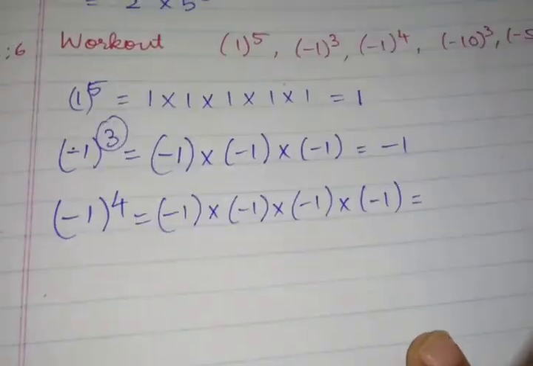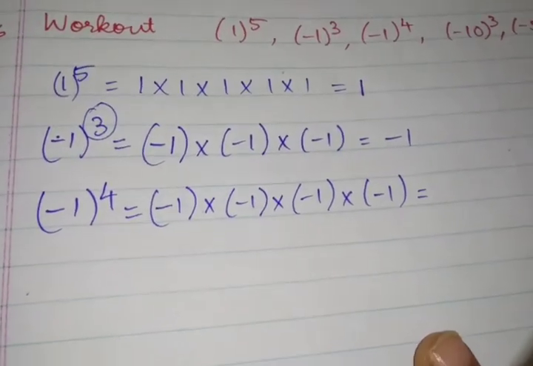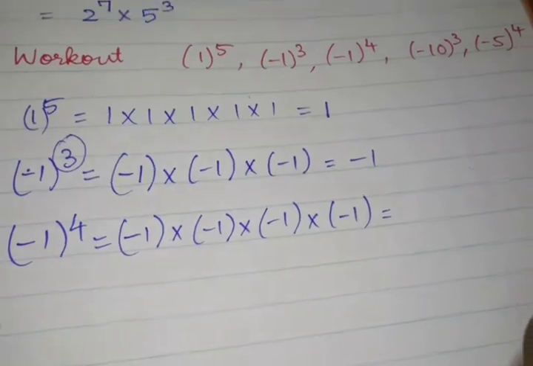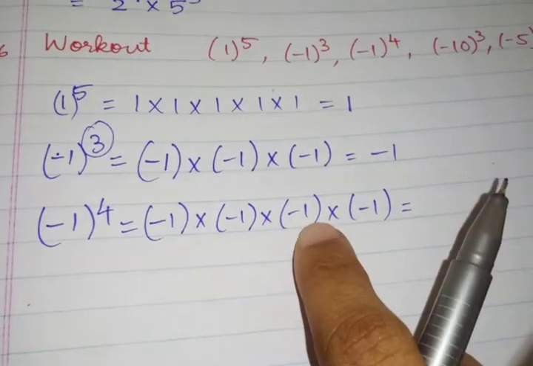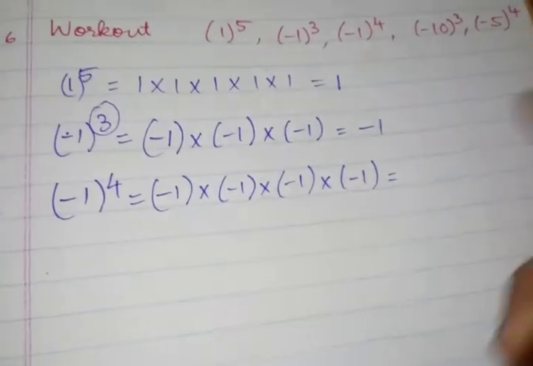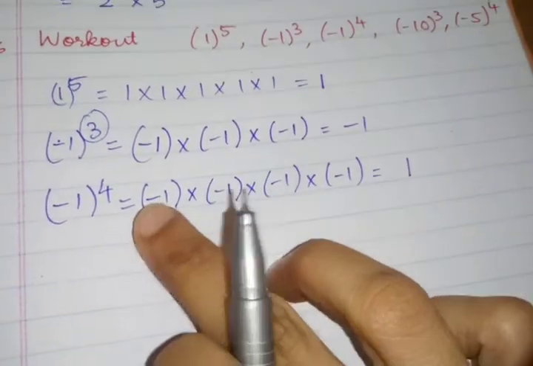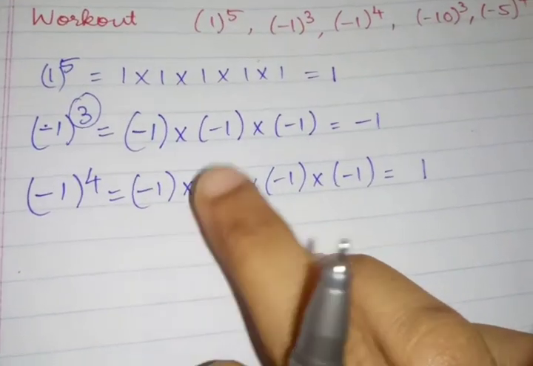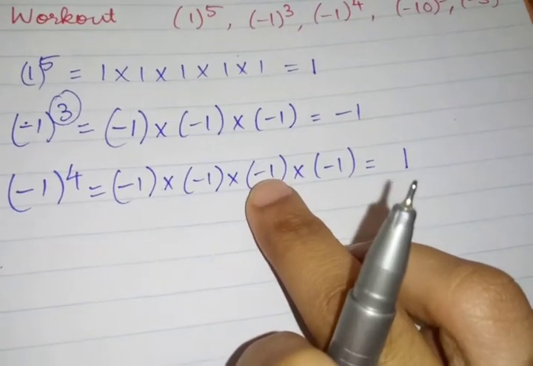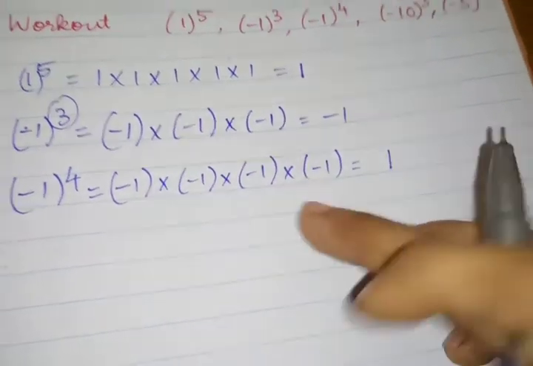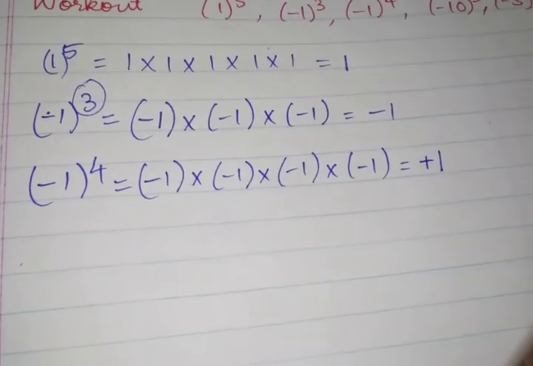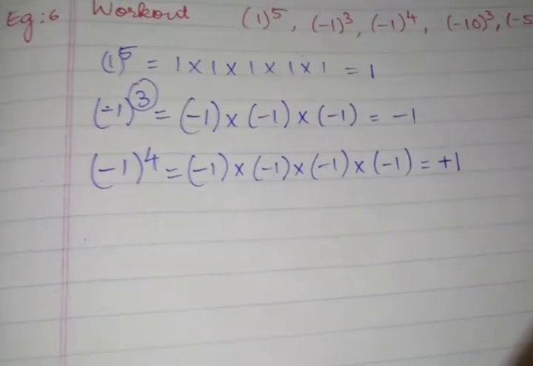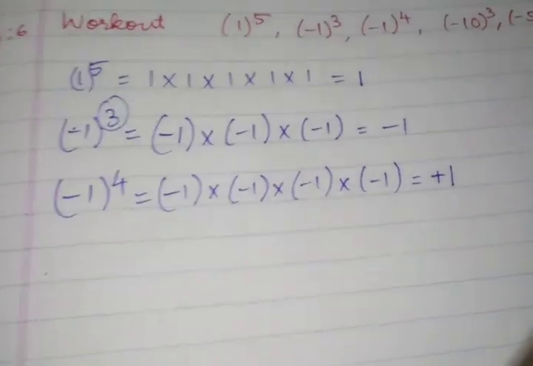Now just multiply the numbers first: 1 into 1, 1, 1 into 1, 1, 1 into 1, 1. Minus into minus, plus. Plus into minus, minus. Minus into minus, plus. So the answer is plus 1. Okay, this is how you should write it. First you multiply the numbers, then you multiply the symbols.